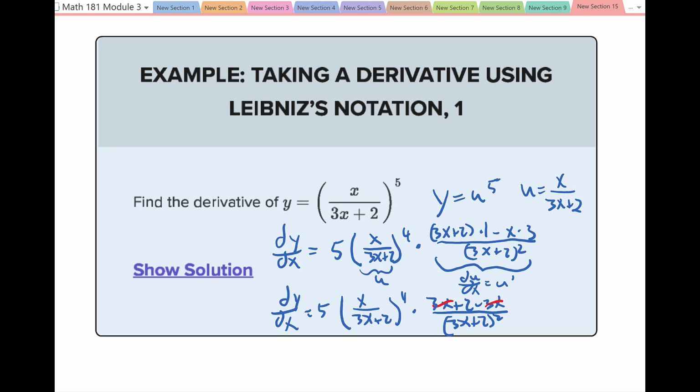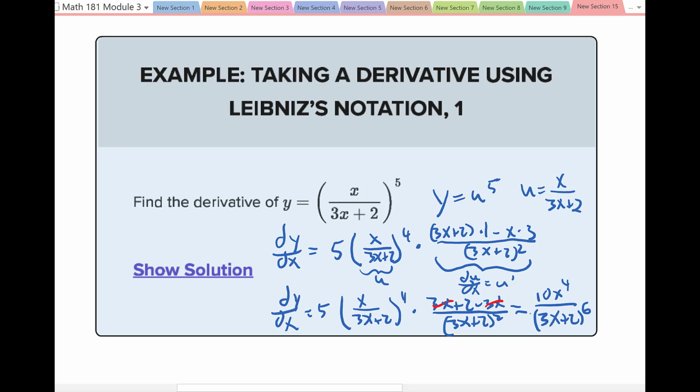In the numerator, we have this x to the fourth. I want to combine this 3x plus 2 to the fourth down here with the 3x plus 2 squared. So up top, we have a 5x, no, not 5, it's 10 because there's the 2. So 10x to the fourth, and down below, we'd have 3x plus 2 to the sixth power, from the 3x plus 2 squared and the 3x plus 2 to the fourth.